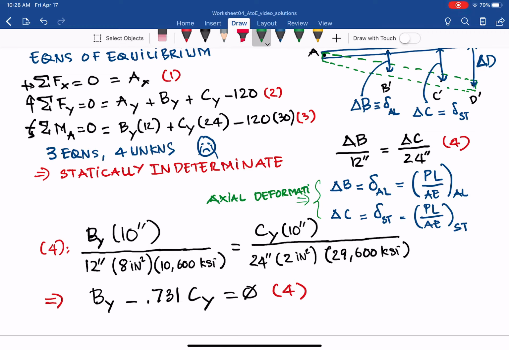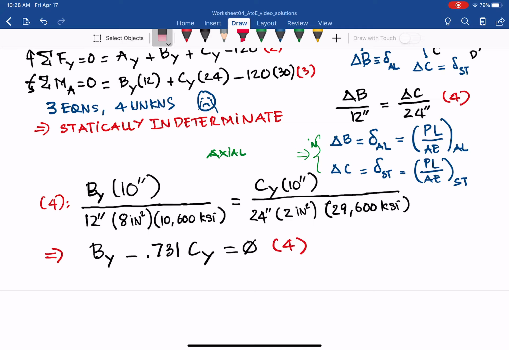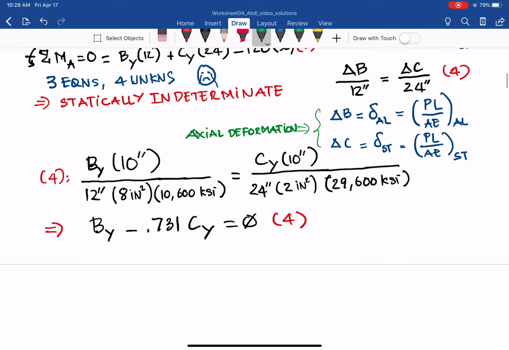Write down 5 here, axial deformation. Perfect. So we have that equation 4.